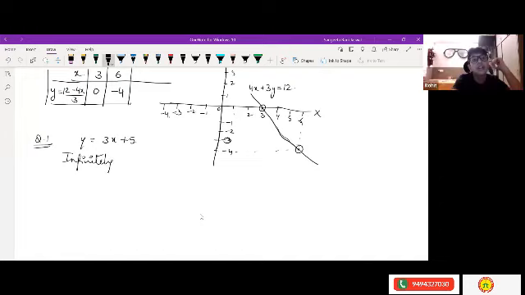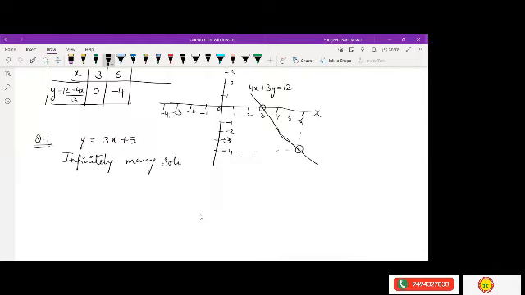Ma'am, because when we take x and y, we can take any value, so we'll get that many solutions. Yes. Whatever values we keep on taking for x, we will keep on getting some values for y. So that means we can have any number of solutions as per our choice. So for a linear equation we can have infinitely many solutions.